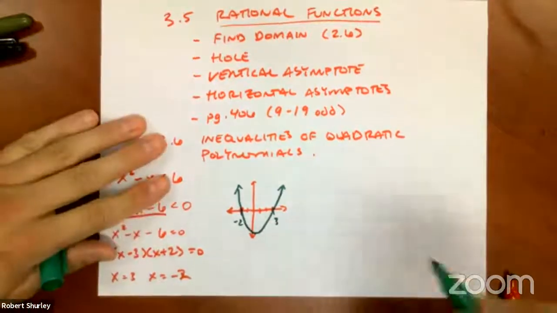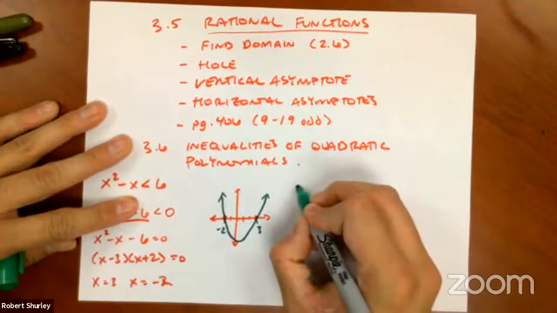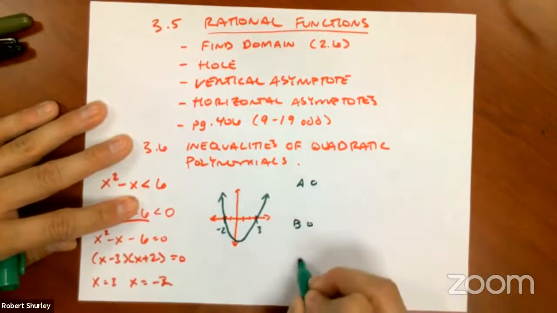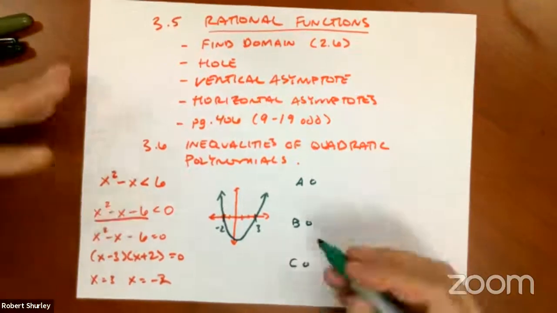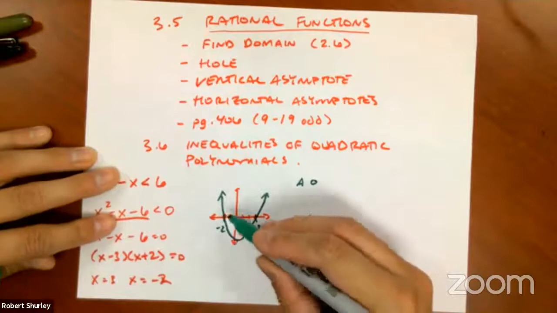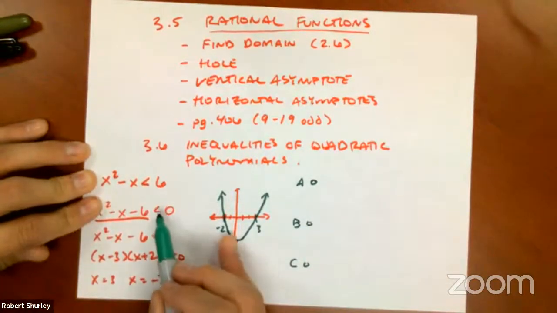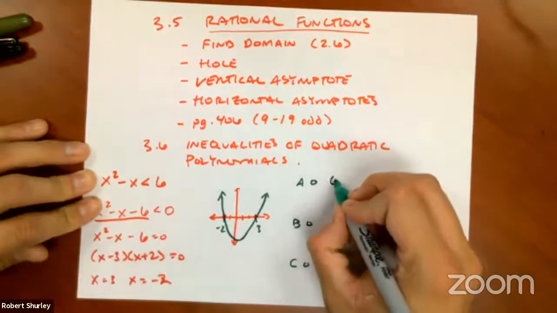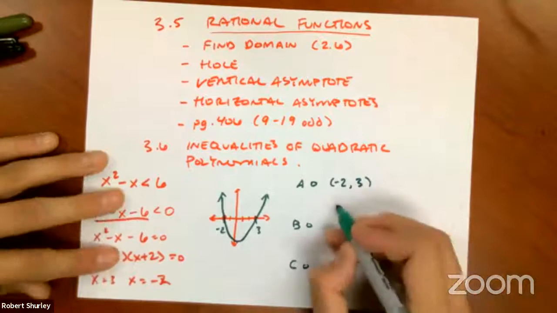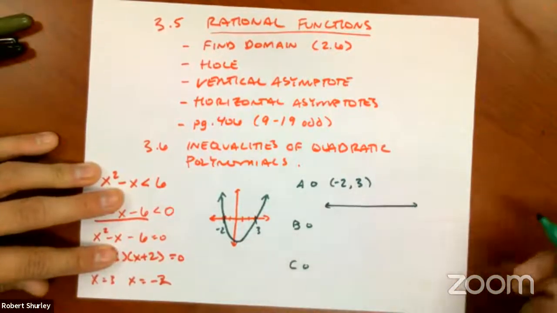So the solution, and this is how it's going to be written. This is multiple choice, right? We've got A, B, and let's say D is none of the above. Let's say A is the actual answer. It goes from negative 2 to 3, and it doesn't include the endpoints because it's a less than. So negative 2 to 3. It's going to give you the interval notation, but then also it's going to graph it on a number line.